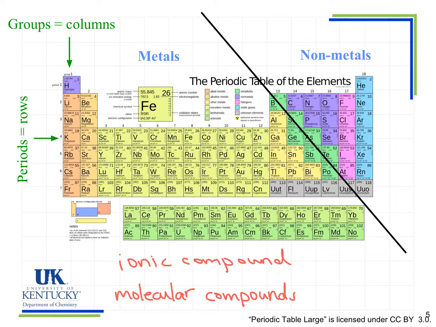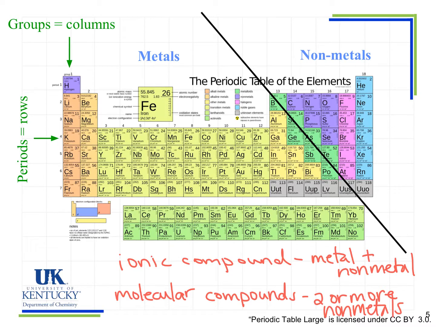So if I have an ionic compound, what I see is it's typically a metal plus a nonmetal. A molecular compound is two or more nonmetals.